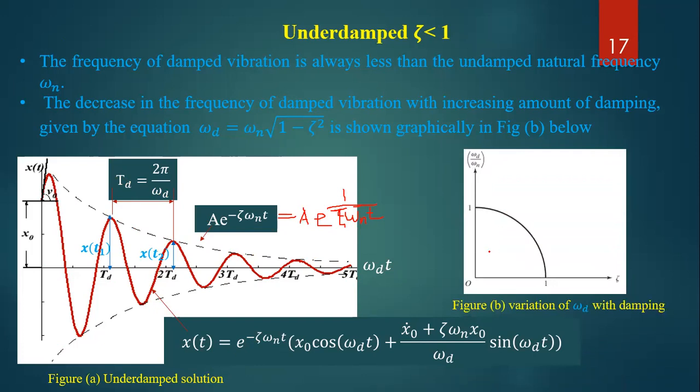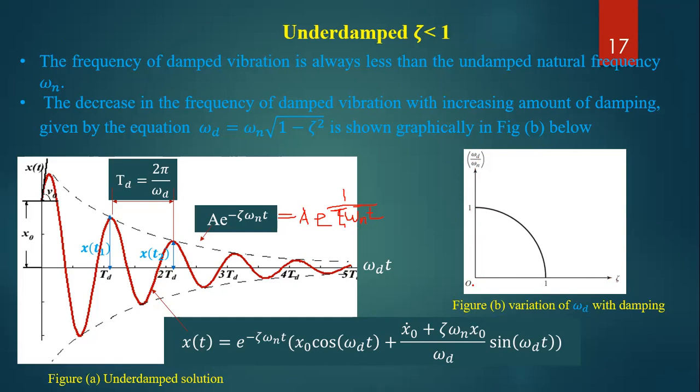And the relation between omega d over omega n versus zeta is shown in this graph. At the very beginning, when zeta is 0, meaning no damping, our omega d over omega n is equal to 1.